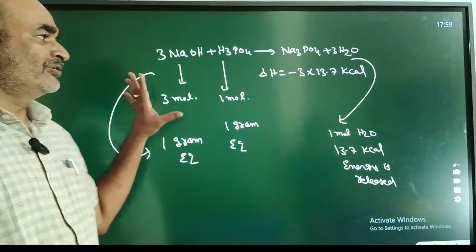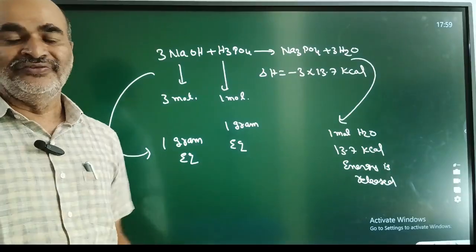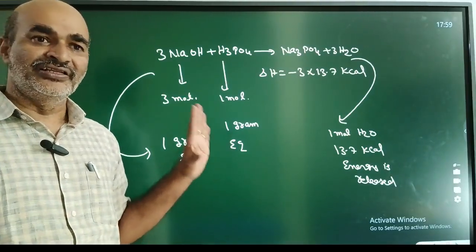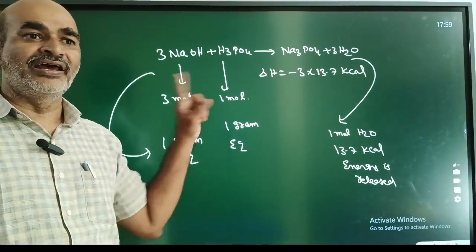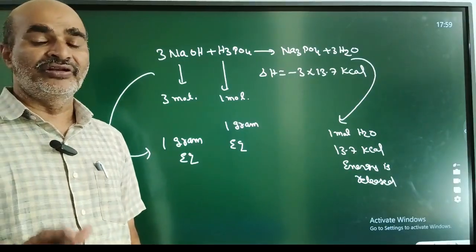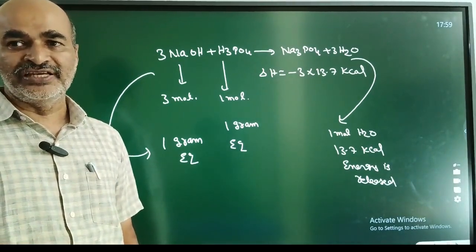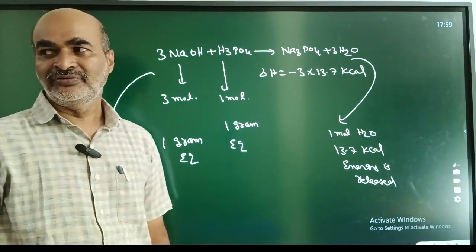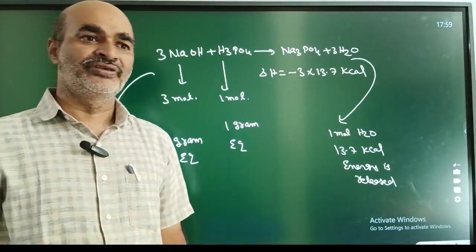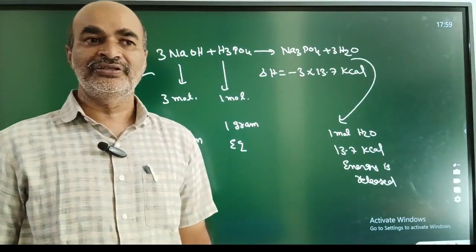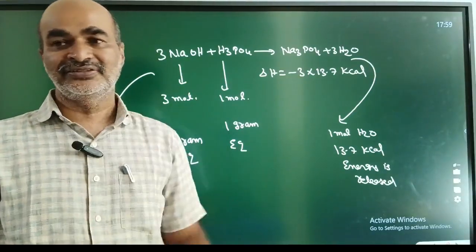If you take moles, heat energy is released according to the balanced equation. If you take gram equivalents, heat energy is released according to the unbalanced equation. 1 gram equivalent of acid and 1 gram equivalent of base, strong acid and strong base, always produce 1 mole of water. The enthalpy of neutralization is constant, 13.7 kilocalories.